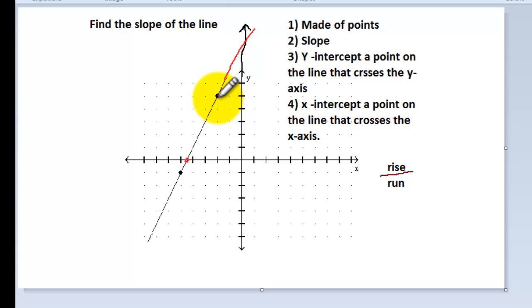So the triangle between these 2 points is I have to go down till I am even with this point, and then I go over. I'm going to walk over till I get to that point, and it makes a little triangle with the line.